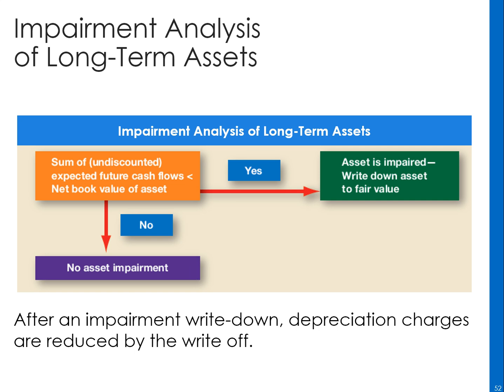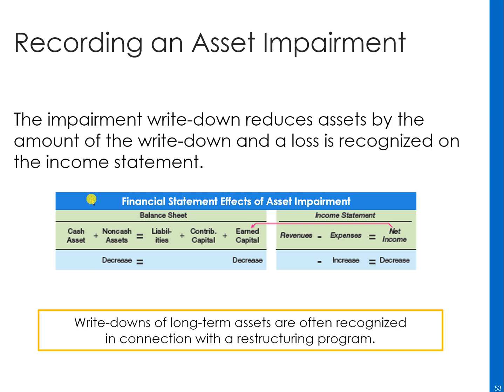So how do we record the journal entry? The impairment of an asset is going to increase the loss and reduce the book value of PP assets.